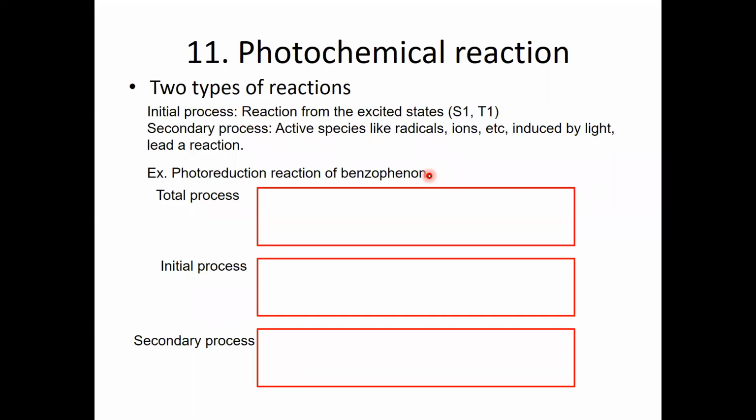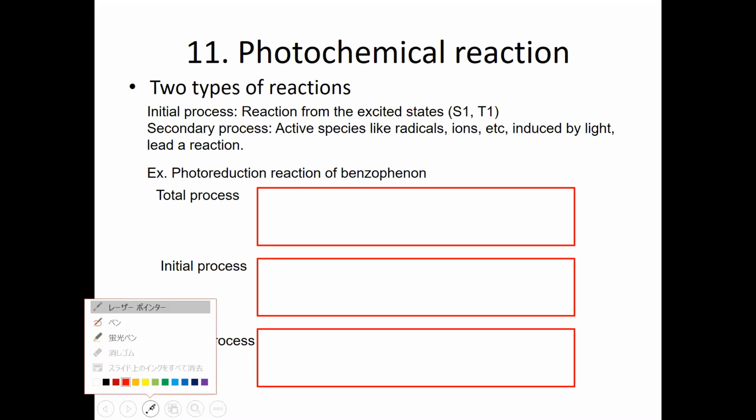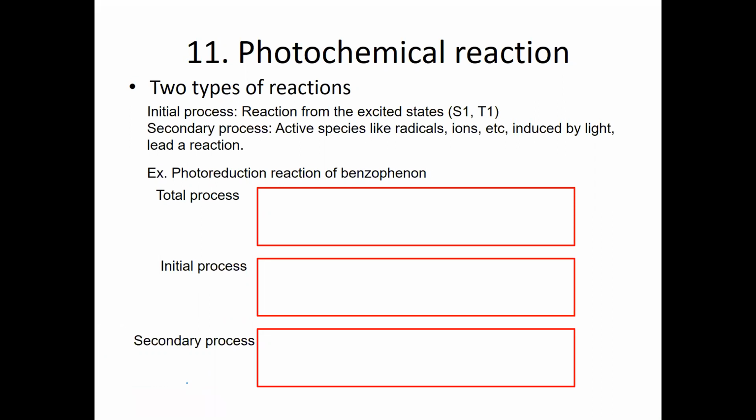This reaction was found a very long time ago and is well known in the field of photochemistry, and also because this reaction includes both the initial process and the secondary processes in a single reaction process, it is often raised as an example.